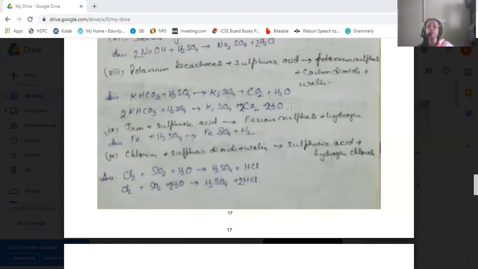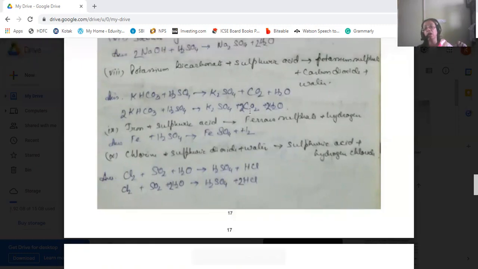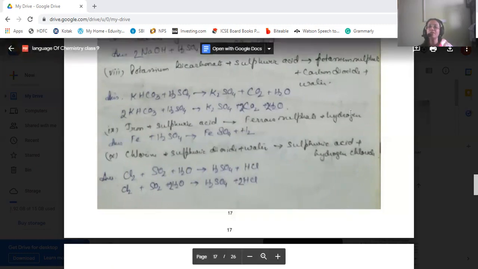So for that reason, we need to have 10 oxygen atoms. Again, carbon is 2 on the reactant side, but carbon is 1 on the product side. So we need to multiply carbon dioxide and water, CO2 plus H2O, by 2 each. That makes the equation balanced.